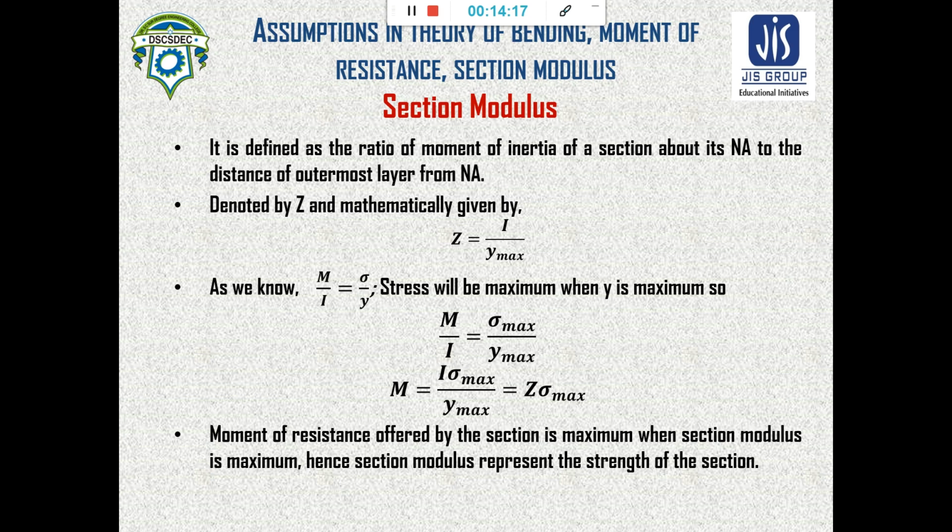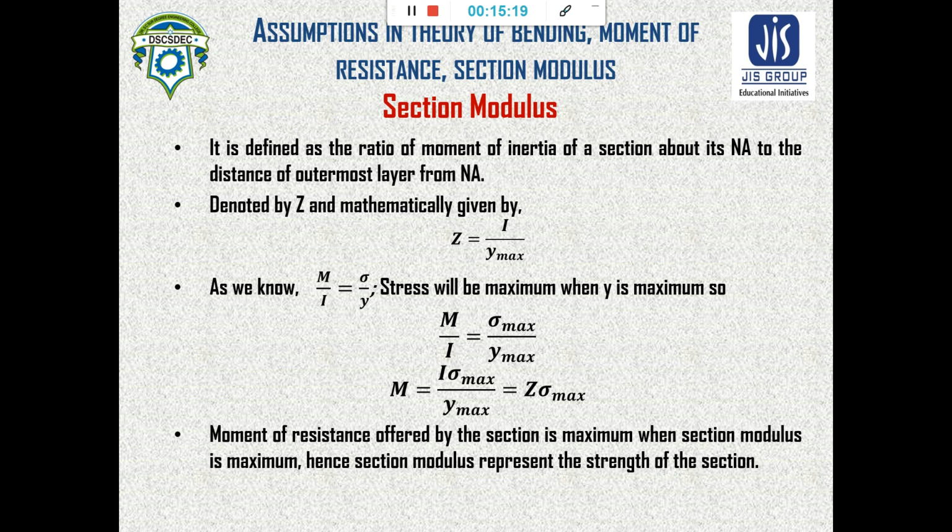It is defined as the ratio of moment of inertia of a section about the neutral axis to the distance of the outermost layer from the neutral axis, and it is denoted by Z. Mathematically, Z is equal to I by y max. Now this is the formula of section modulus.